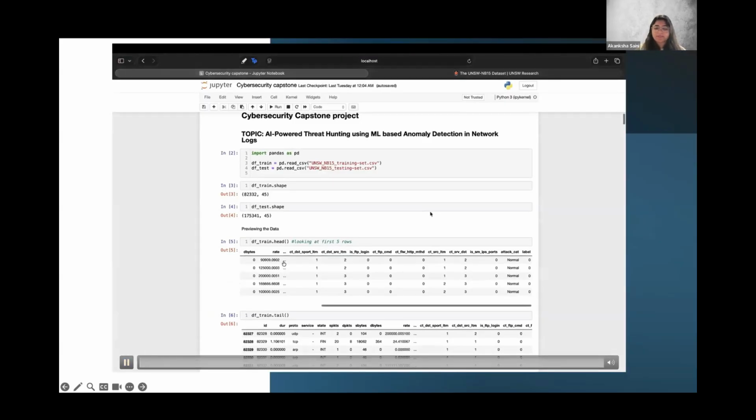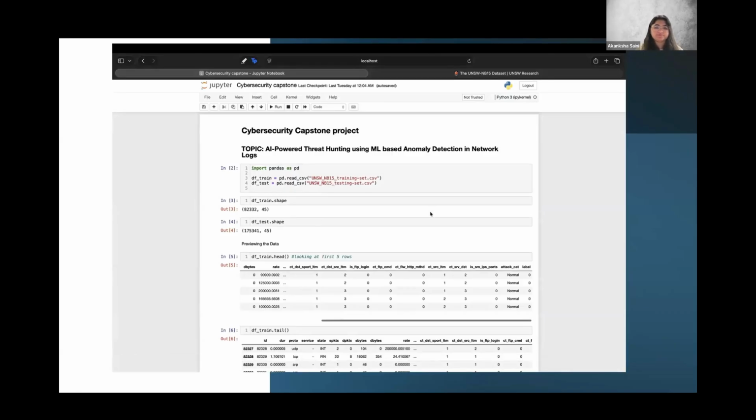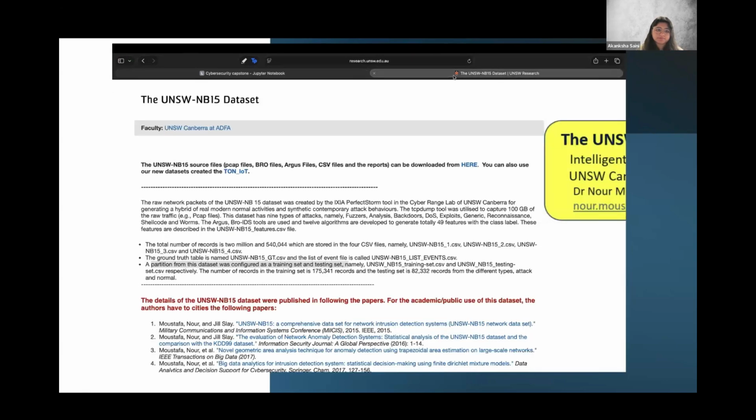Sorry. Welcome to the back-end engineering of the project. To build a threat hunting engine capable of detecting modern cyber attacks, the first requirement was to find a dataset. For this project, I selected the UNSW NB15 dataset.